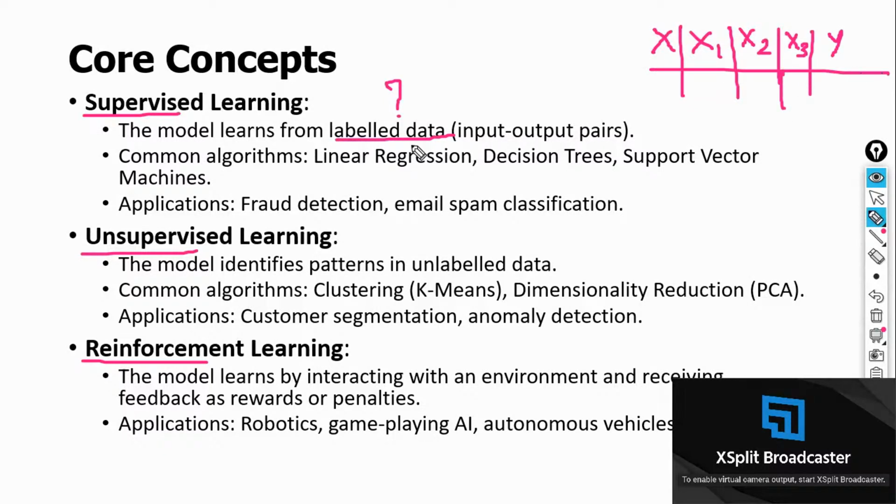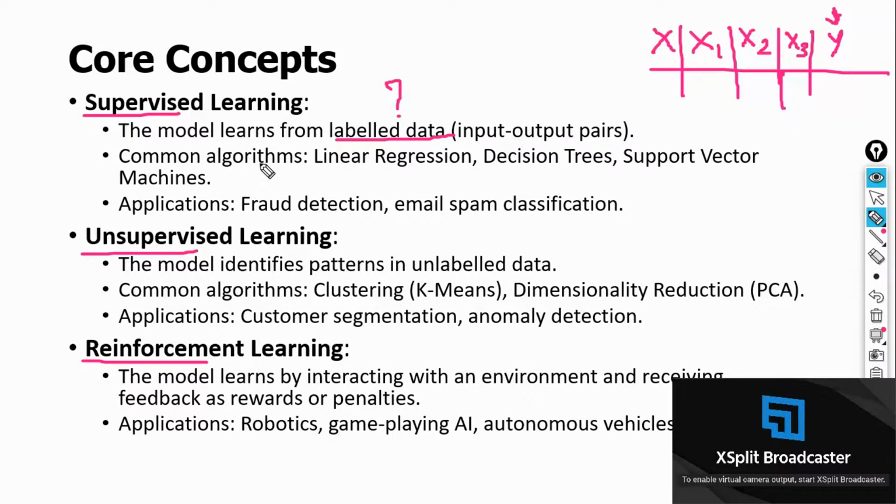Such kind of data is called labeled data. Label represents the Y column. So on labeled data, we can use supervised learning. We can build a supervised model.